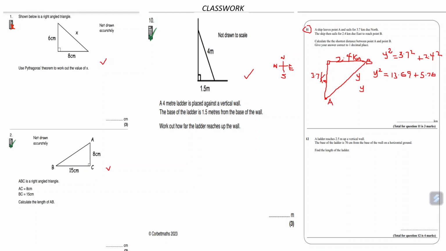So our y squared is equal to, you add those two, 13.69 plus 5.76, which is the same thing as 19.45.